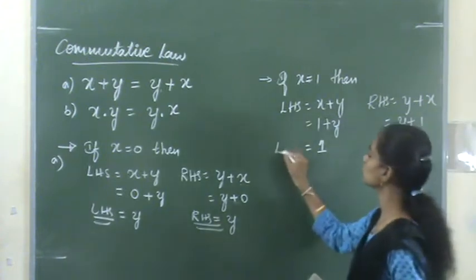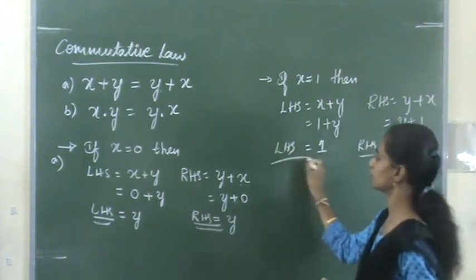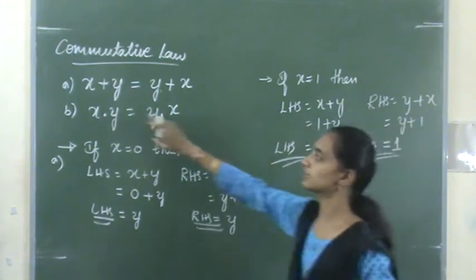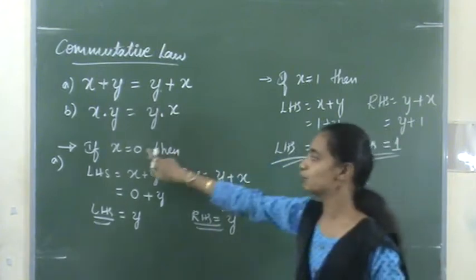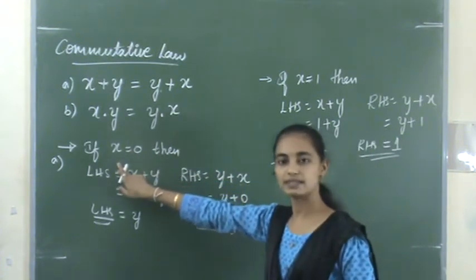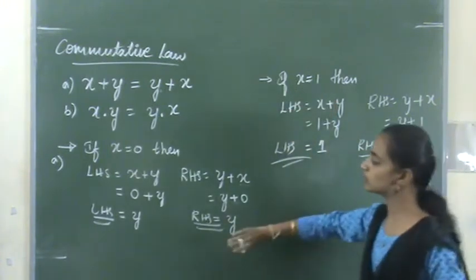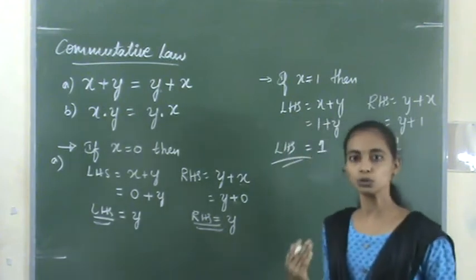Now both LHS and RHS are equal, right? Hence we prove that x plus y is equal to y plus x in both cases, when x is equal to 0 and when x is equal to 1. Now, how is this theorem proved with the help of a truth table?